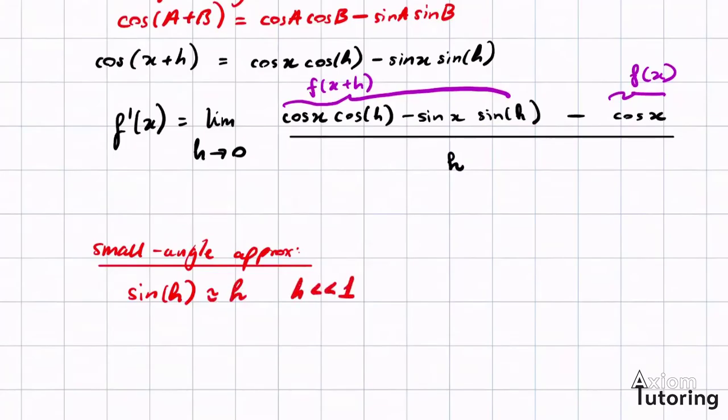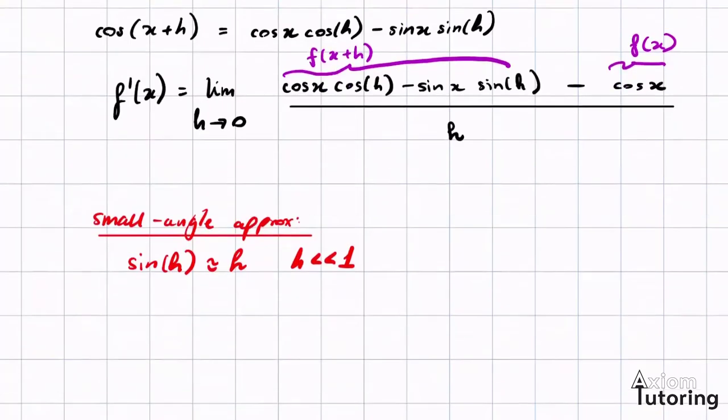We write that as h much smaller than 1. As h is tending to 0, we can apply our small angle approximation here for sine h, and we can do the same for cos of h. So cos of h tends to 1, or approximates to 1, as h gets very, very small.